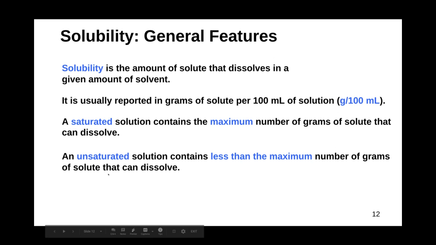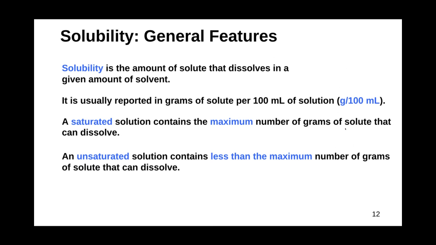In contrast, we have an unsaturated solution that contains less than the maximum grams of a solute that physically can dissolve. So again, if my solubility of sugar in water is 100 grams per 100 milliliters, if I have less than 100 grams of sugar dissolved in 100 milliliters of water, then I simply have an unsaturated solution.